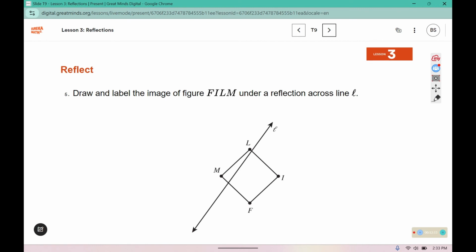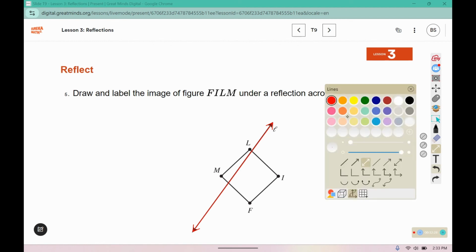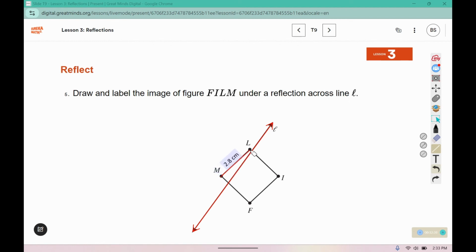Draw and label the image of figure FILM under a reflection across line L. Get that line on your tracing paper. Make sure it goes the whole distance of the line underneath. Trace the figure. I would also label on your tracing paper which one is which, just to help you out.